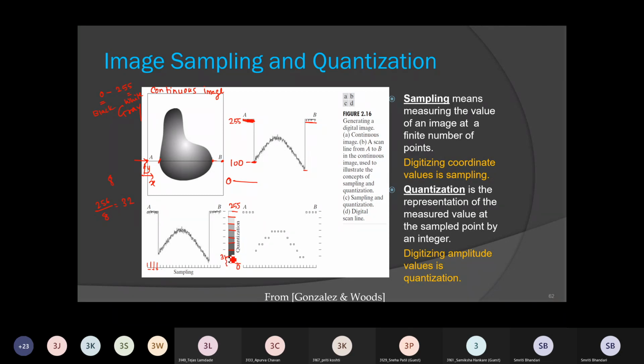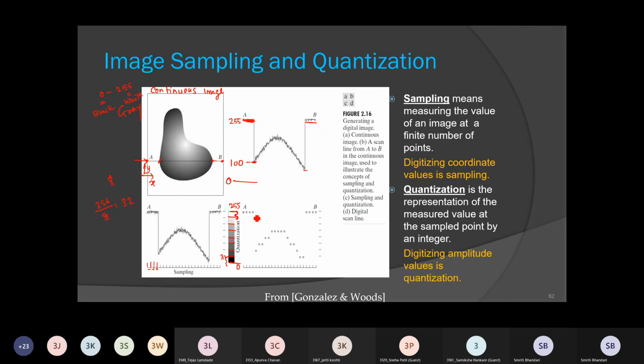So from 0 to 31 intensity values will be one block. Then from 32 to 63 another block, and so on. So I'll be having 8 different ranges. See here, this is the pixel, and it lies at this point.